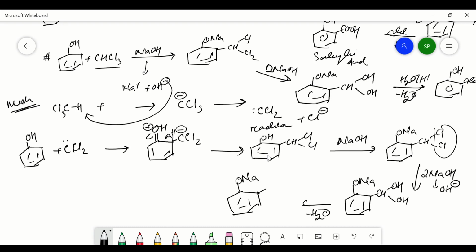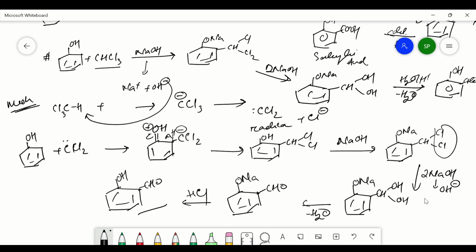At the ortho position there will be an aldehyde group, or CHO group. Then this will undergo reaction with mild acid to acquire the H plus ion. There will be formation of salicylaldehyde. Okay. This is known as the Reimer-Tiemann reaction.